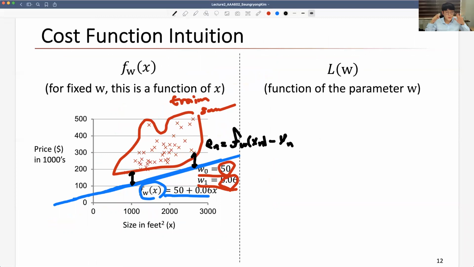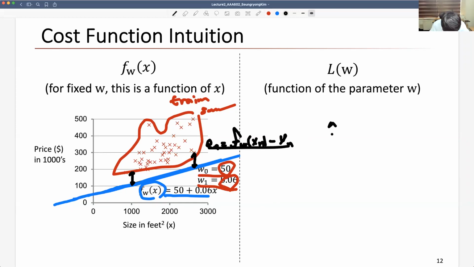Then to determine our loss function, we have to aggregate, or sum, all the distances between the estimated one and the ground truth one. Then we can draw the loss function with respect to w0 and w1, because we have to find out w0 and w1 simultaneously, right?